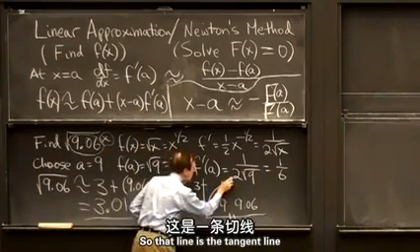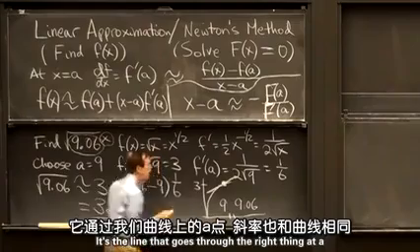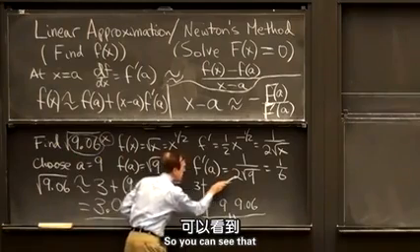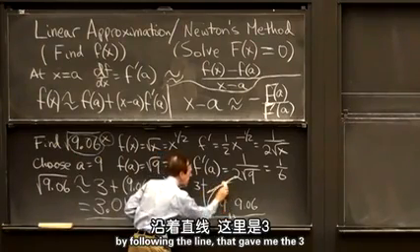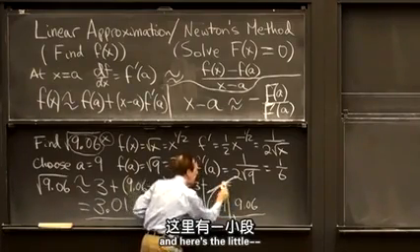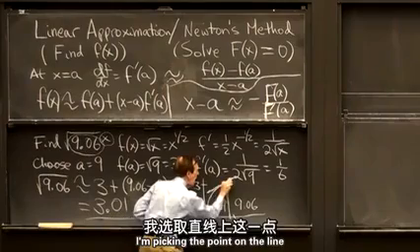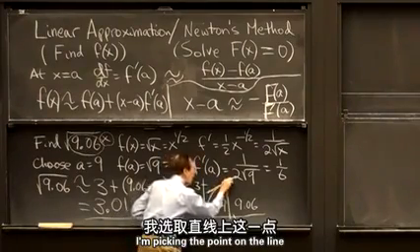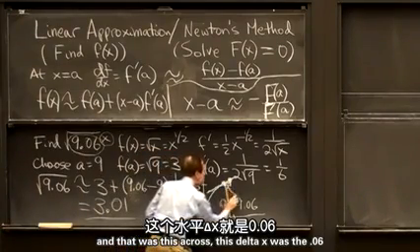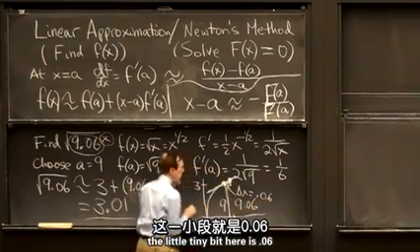That line is the tangent line. It's the line that goes through the right point at A with the right slope. So by following the line, that gave me the 3, and then here's the little piece. You see what I'm missing by a very small amount, practically too small to see. I'm picking the point on the line, and this delta x across was the 0.06.